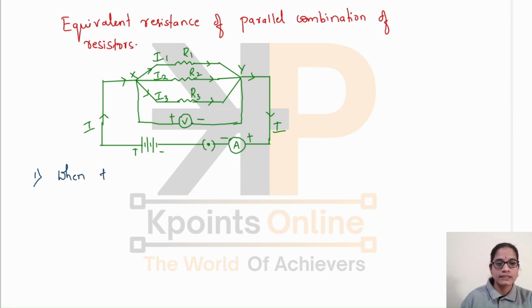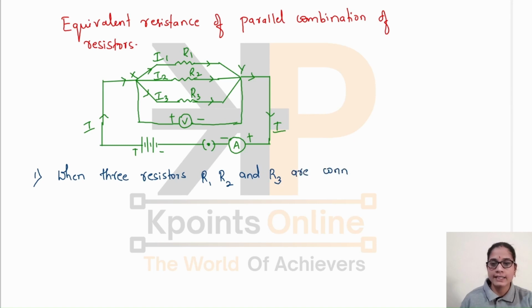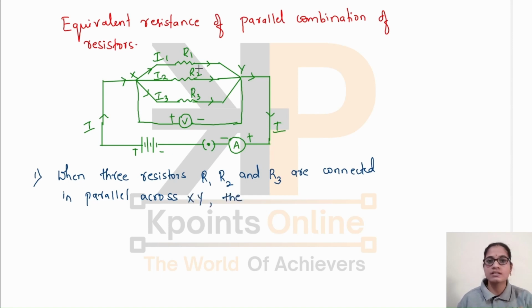When three resistors R1, R2 and R3 are connected in parallel across XY, the potential difference across each resistor is the same, as individually all these three resistors are connected between the same terminals.